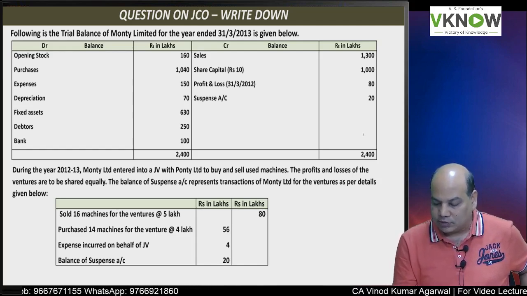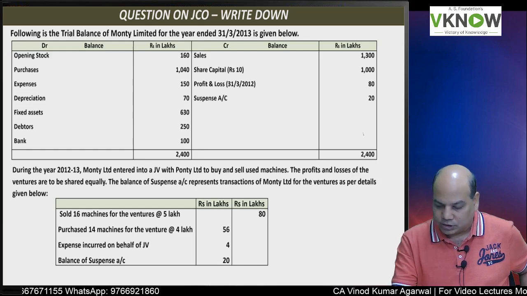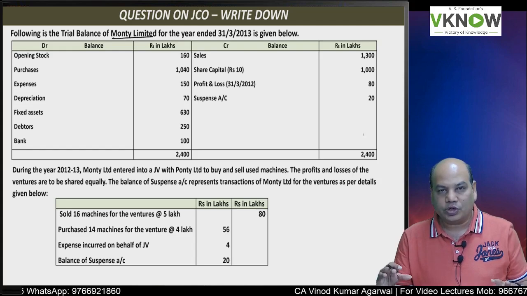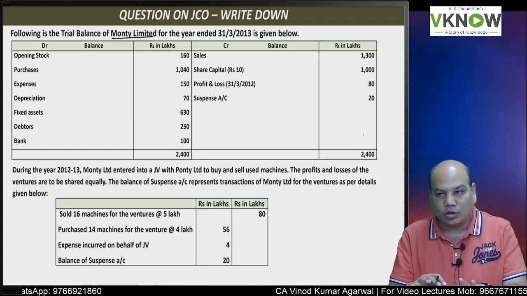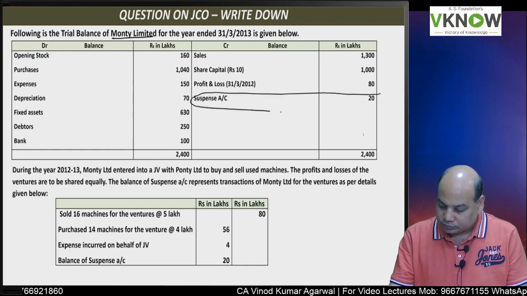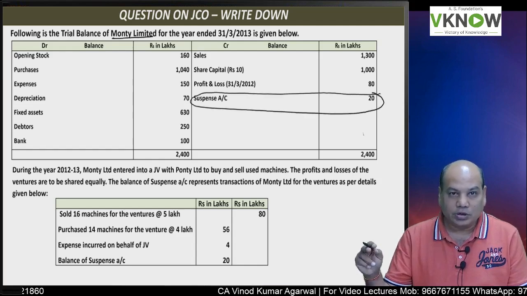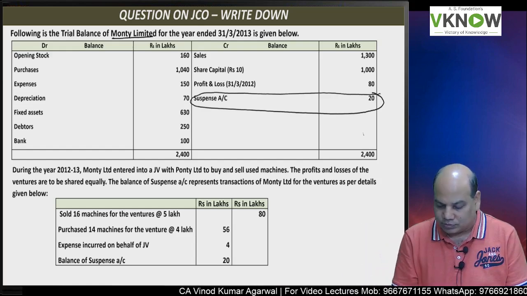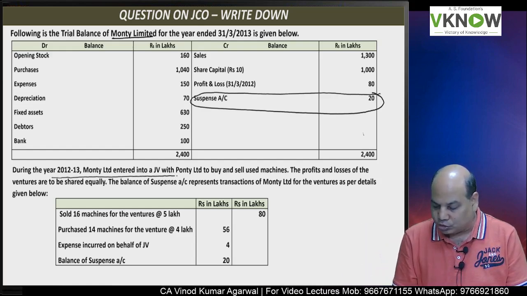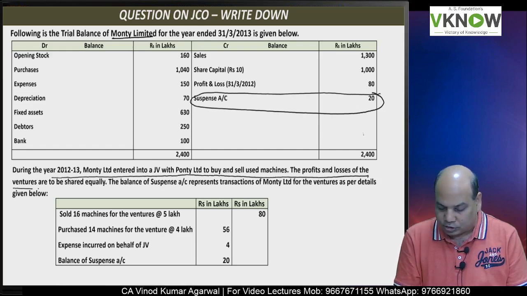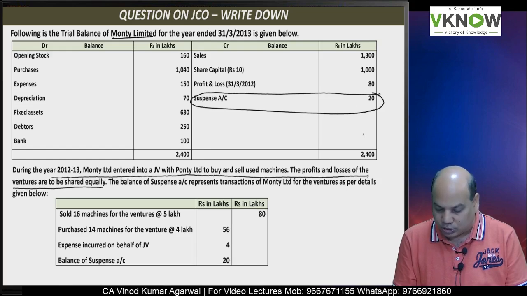following is the trial balance for the year ended 31st March 2013 of Monty Limited. Then a trial balance is given which shows the transactions of Monty Limited and transactions relating to joint venture has been shown as suspense account. During the year, they have entered into joint venture with Ponty Limited to buy and sell used machine. Profit and losses will be shared equally.